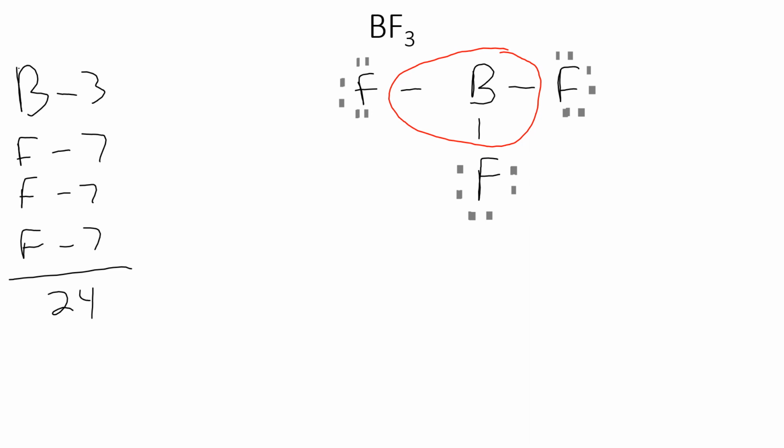But you might pause because boron is in group 3A, and I know it's possible for boron to have a deficient octet. So maybe it's okay to not have the octet here. You're in a little bit of a conundrum.